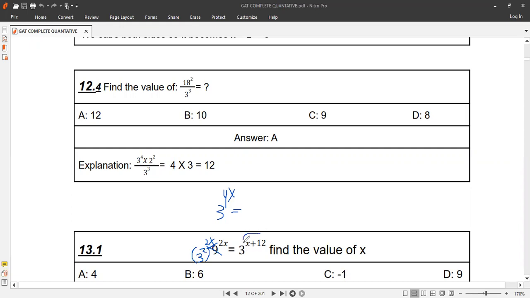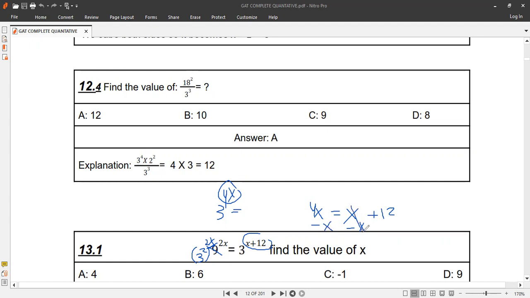So now I can equate x plus 12 and 4x. So I will have 4x equals x plus 12. Now I subtract x from both sides, or I take x to the other side. It's up to you, the same idea.